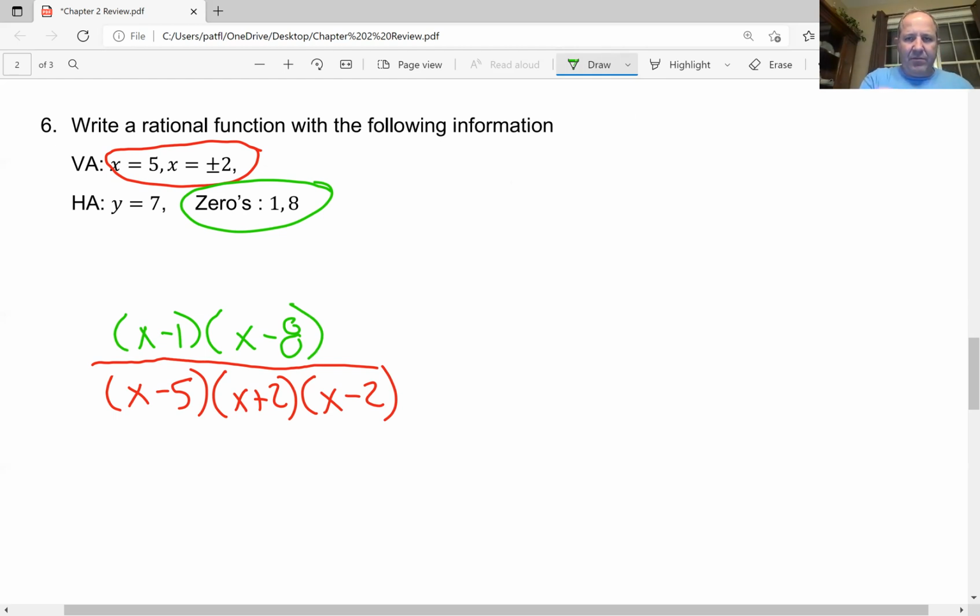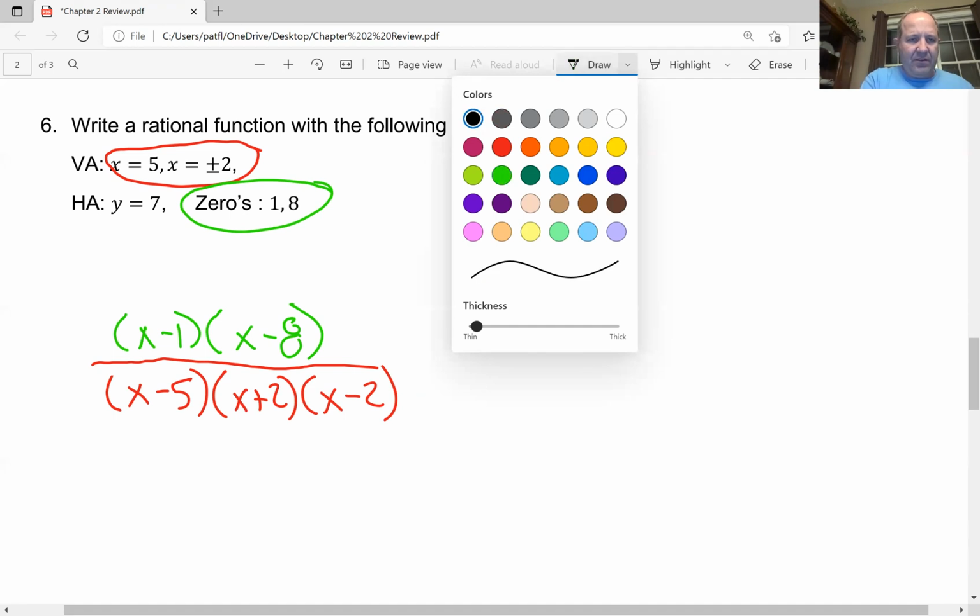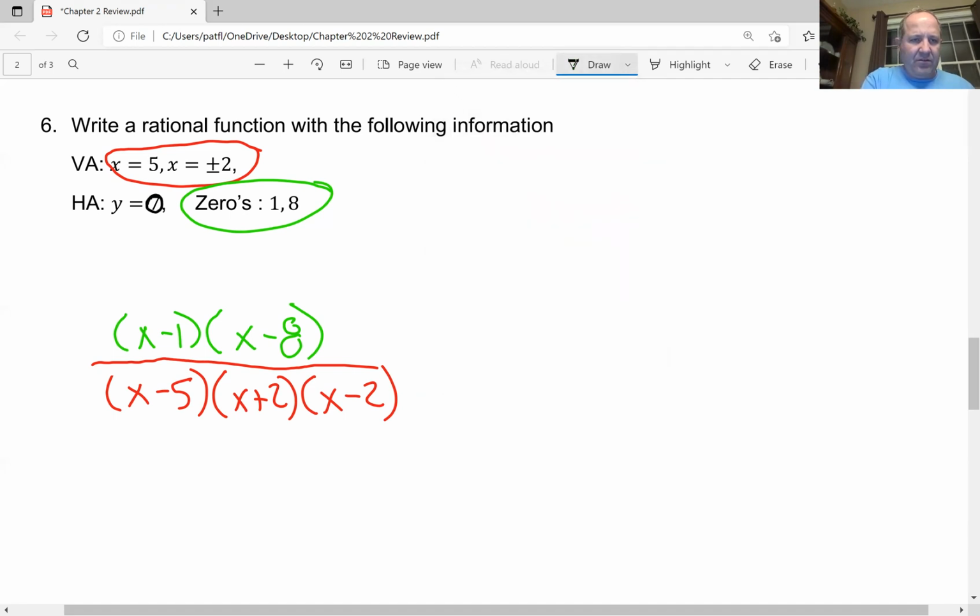And I can see I had a typo here. I meant to say that the horizontal is y equals 0. And if I look at my problem here, I can see that in the denominator, I've got an x cubed. The numerator is just an x squared. Since the bottom is bigger, y equals 0. Cool.